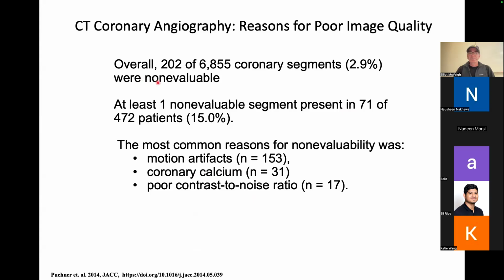So here, if you look in the literature, here's a paper that asks how many coronary segments the physician looks at and says, that imaging quality is not high enough, I can't read that. In this study, it wasn't that high. There were 202 out of about 7,000 segments, right? So 3%, you're just not going to be able to look at them.